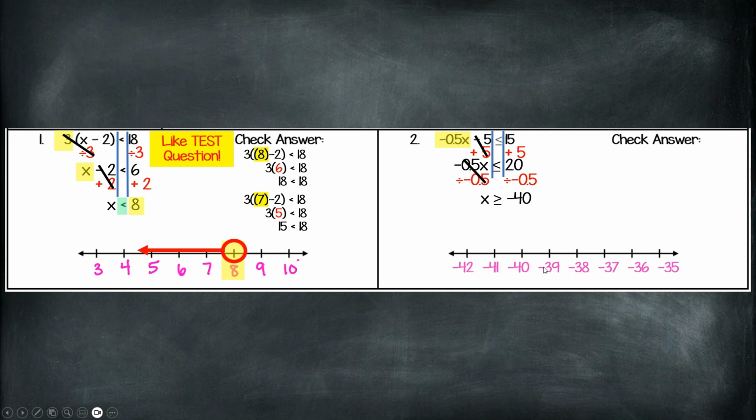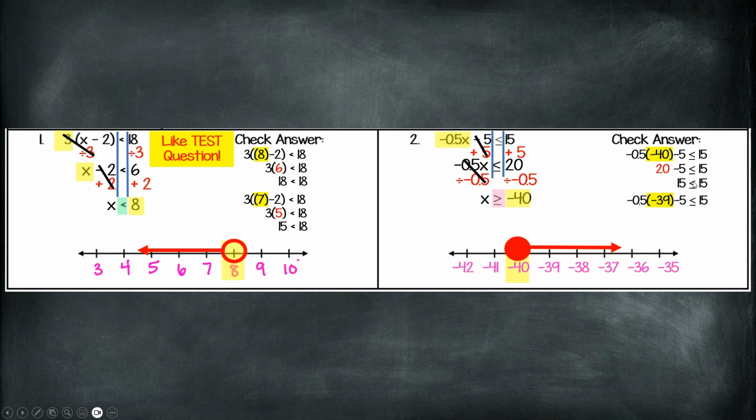So here on my number line, I can label my number line however I want, but I do have to make sure my numbers are going in the correct order. So I have negative 40. I'm going to have a closed circle, and my arrow will be going to the right. Then I can check my solutions by plugging in negative 40 and making sure that it's true.